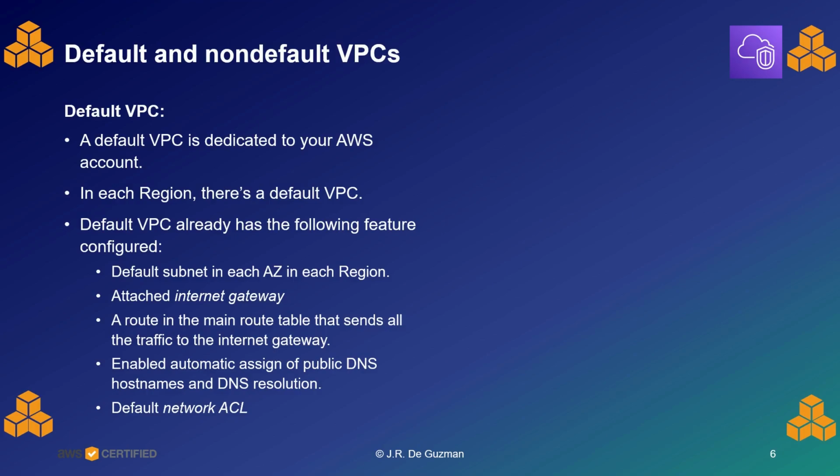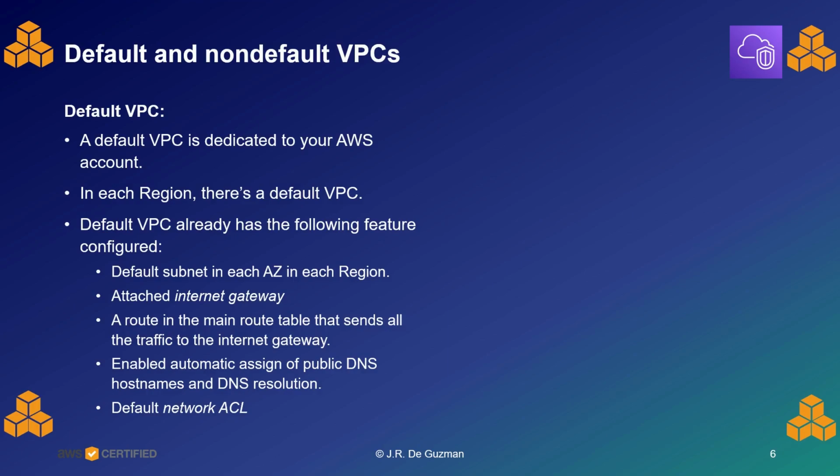So first, the default subnet. The second one is the attached internet gateway, meaning a default VPC already has the internet gateway attached, so there's already a connection to the public internet. Next, a route in the main route table that sends all the traffic to the internet gateway.